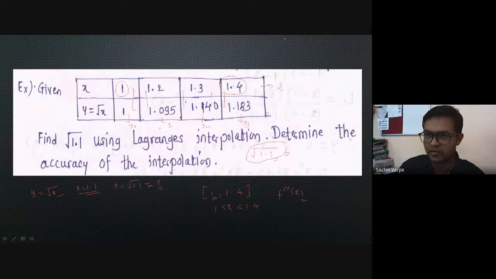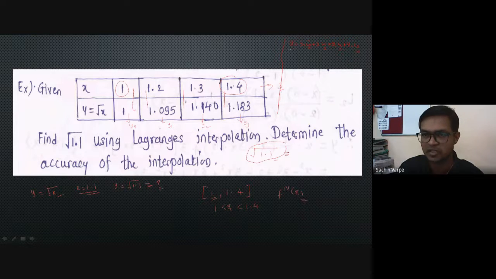So first of all, towards the solution, we get a Lagrange's polynomial y equal to y naught L naught plus y1 L1 plus y2 L2 plus y3 L3. Okay, so we know how to get L naught, L1, L2 and L3. We find those Li's and then we substitute y naught, L naught, y1, L1, y2, L2 and y3, L3 into this.